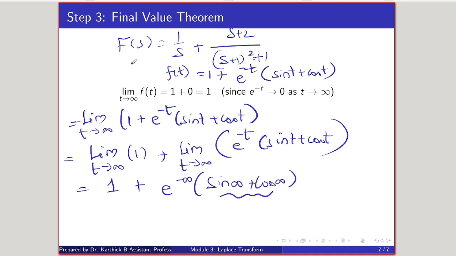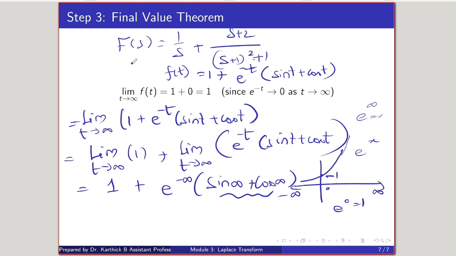Before evaluating this, we don't know this, but for e power minus infinity, just see the curve of the exponential function. We know that e power 0 will be 1. Here it is plus infinity, here it is minus infinity. This is the curve of e power x; this function is increasing as the value of x goes in the positive direction, and while approaching infinity, it goes to infinity.